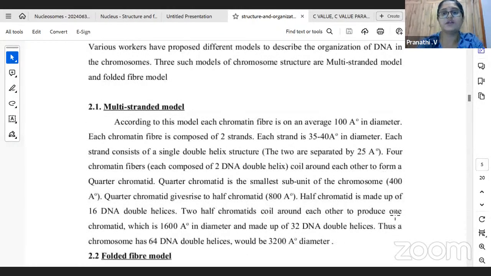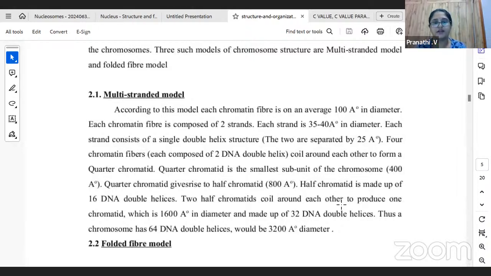When it comes to that, the chromatin fiber is around 100 angstroms in diameter, and two strands are present with a diameter of around 35 to 40 angstroms each. It consists of a double helical structure, and four chromatin fibers are wound towards each other to form a quarter chromatid.